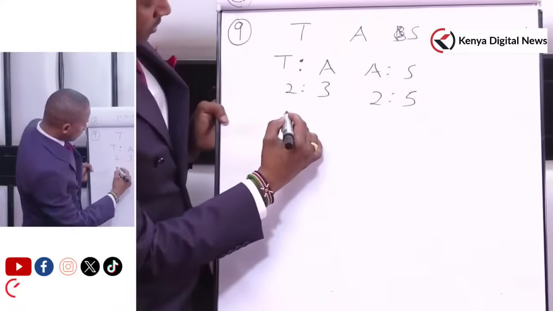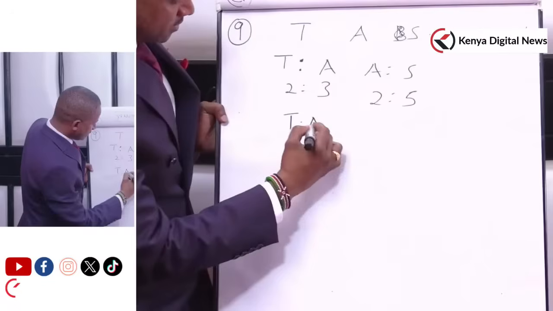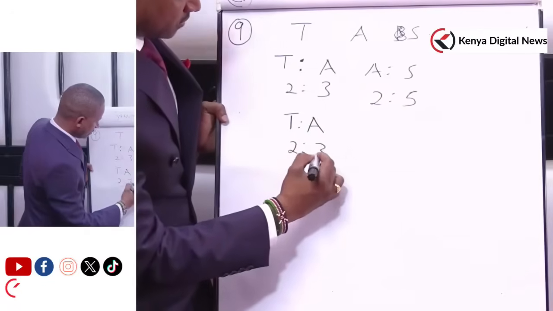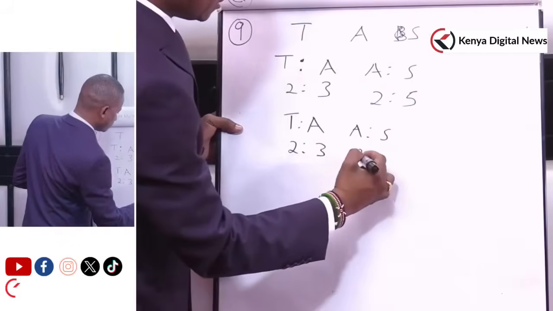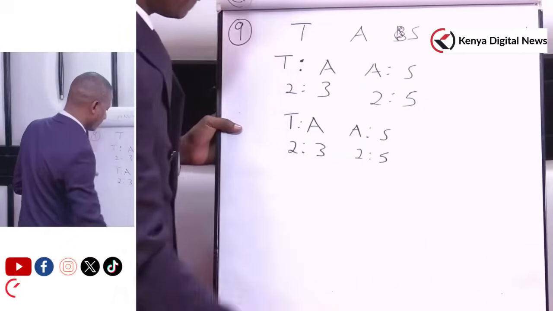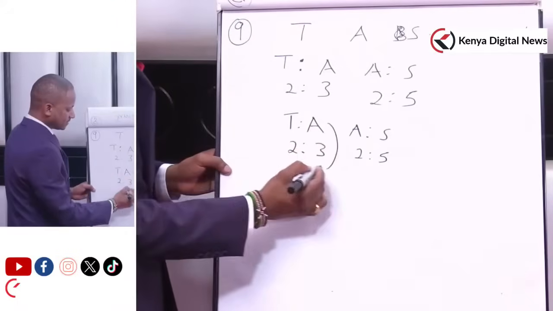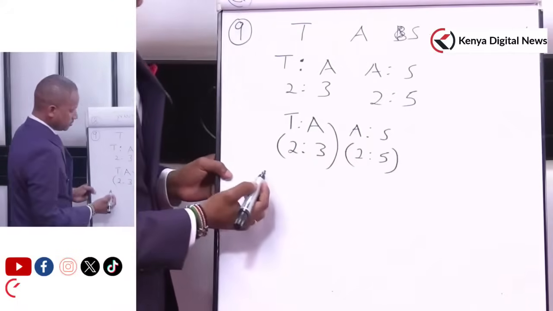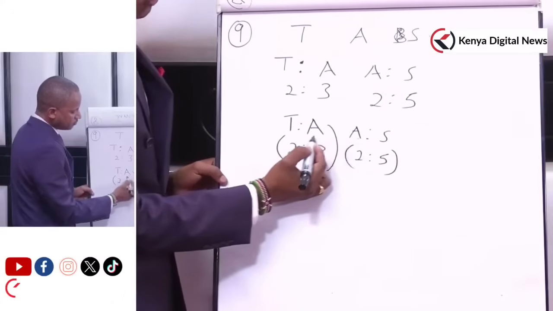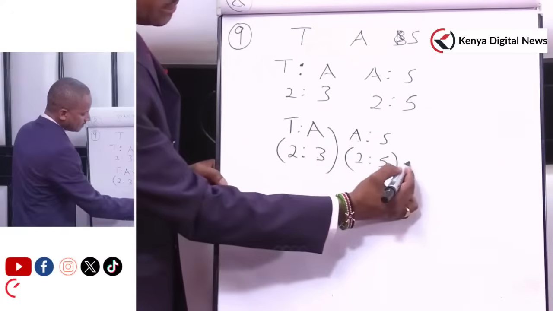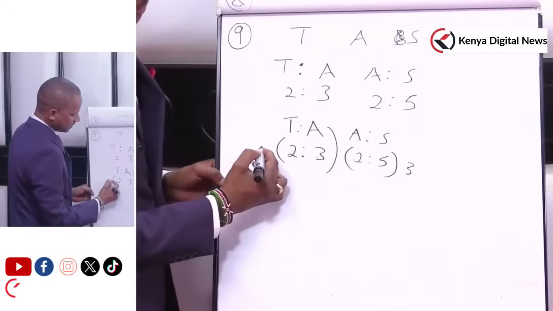So how do you harmonize this ratio? By multiplying, because the only common person here is Abu. So you multiply this side by 3 and you multiply this side by 2.